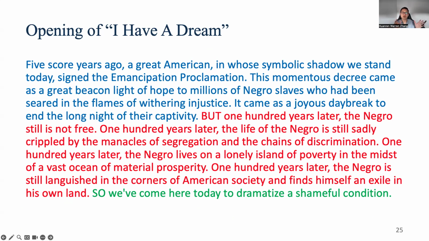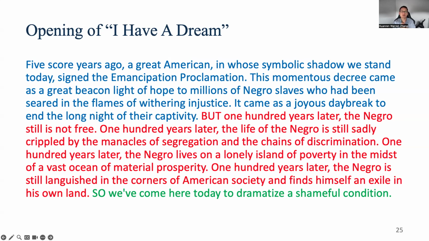"Five score years ago, a great American, in whose symbolic shadow we stand today, signed the Emancipation Proclamation. This momentous decree came as a great beacon light of hope to millions of Negro slaves who had been seared in the flames of withering injustice.